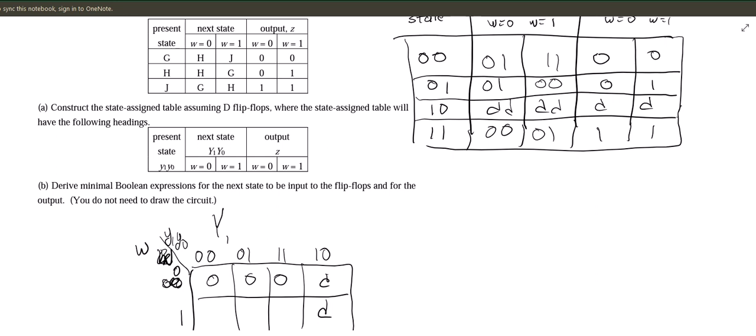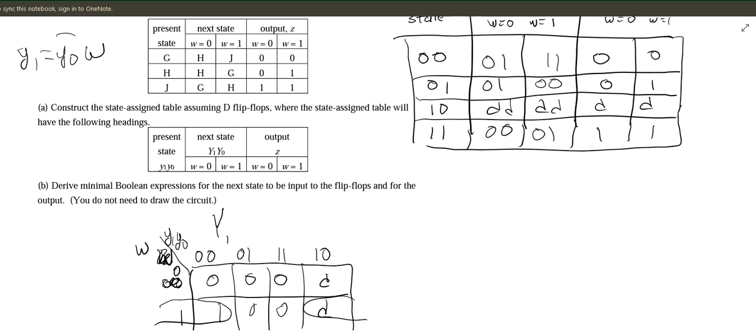And when W equals 1, again, it's just this first column here. When Y1, Y0 is 00, then we get a 1, and in the other two spots, we get a 0. And so our minimal expression here, getting those two, will be Y1 equals Y0 bar W.